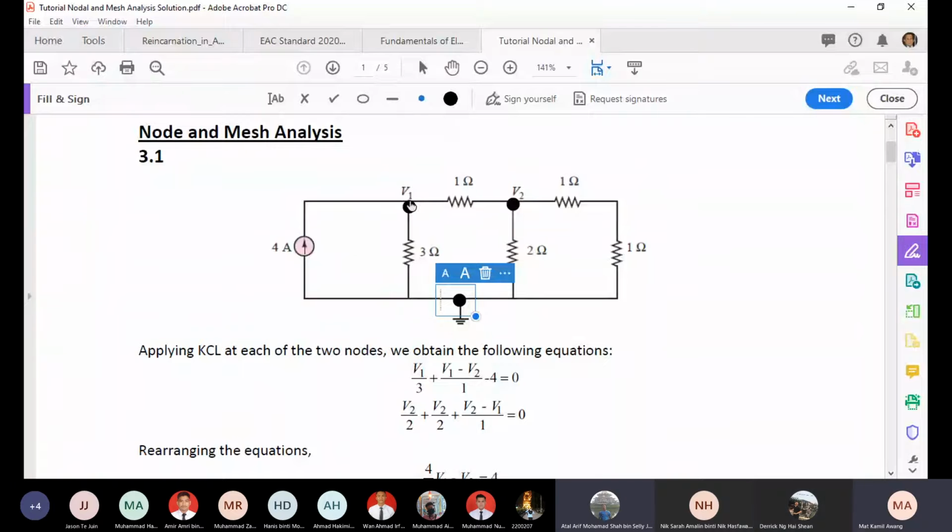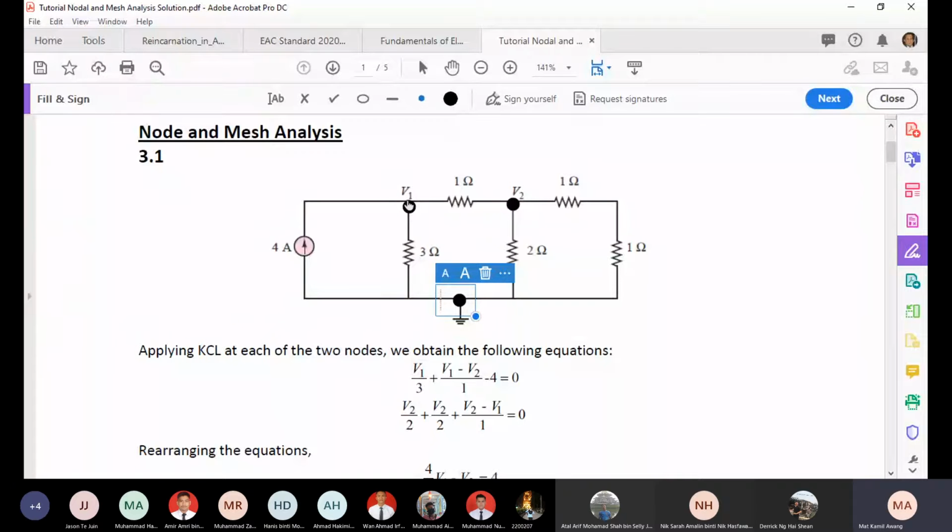Now, from here, we need to write the equation. When we use nodal analysis, we need to write the KCL, Kirchhoff's current law, where the summation of the current entering a node is equal to the summation of the current leaving the node.